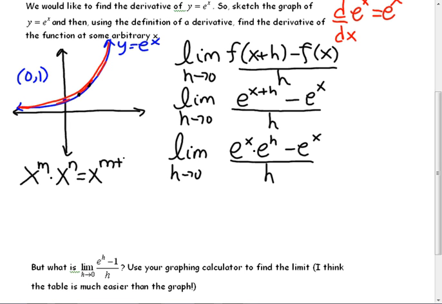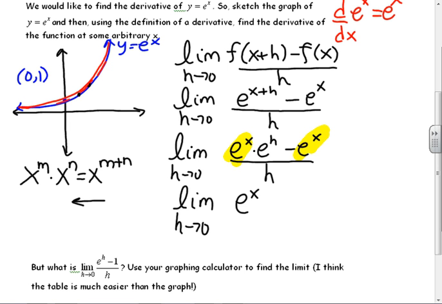Add them. Can I factor anything out of that? I can take out an e to the x. So it's the limit as h goes to 0 of e to the x times e to the h minus 1 all over h.